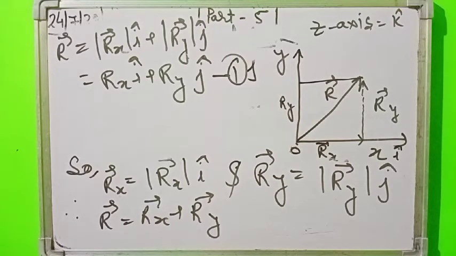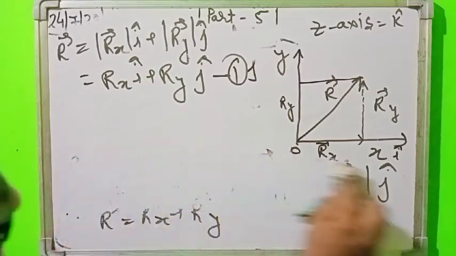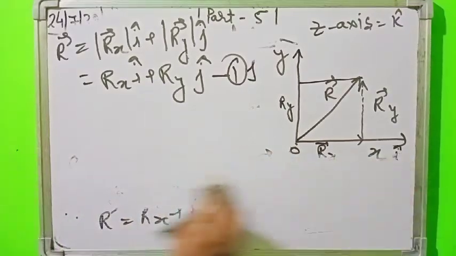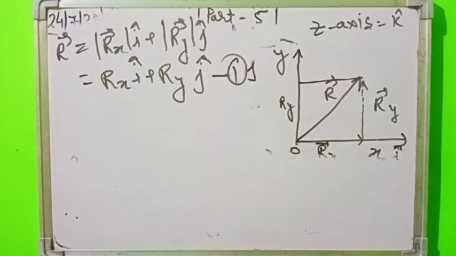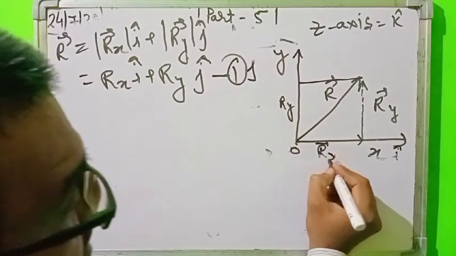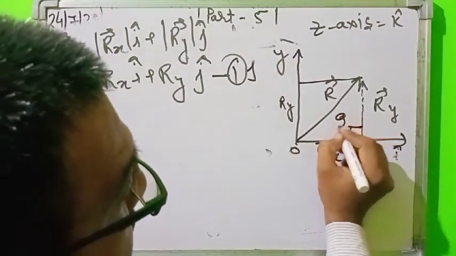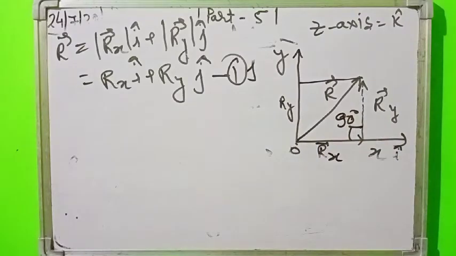Now, how is the magnitude of the resultant found? Because both rx and ry are orthogonal, look here, this is rx and this is ry, and they make an angle of 90 degrees with each other.